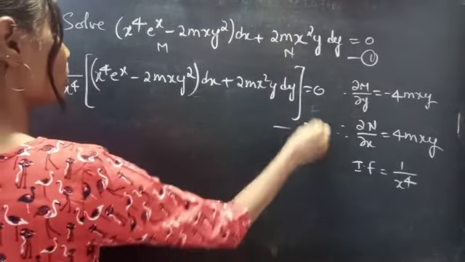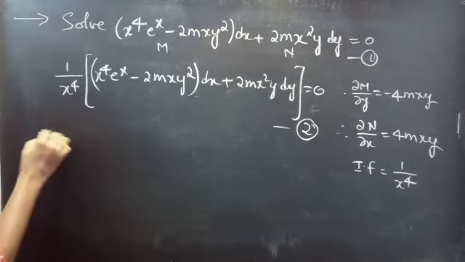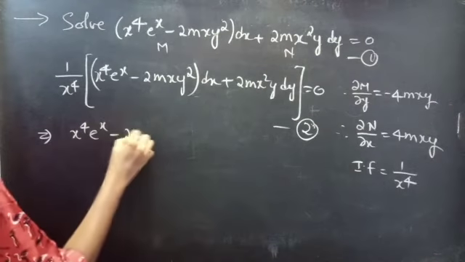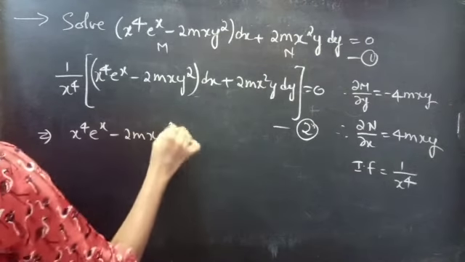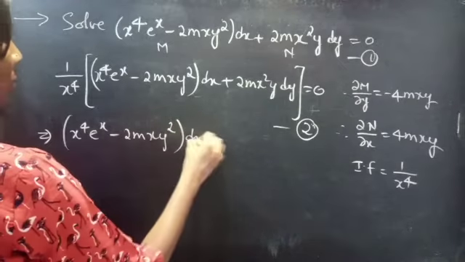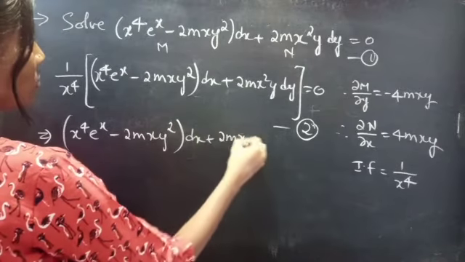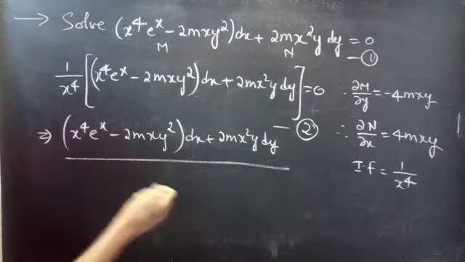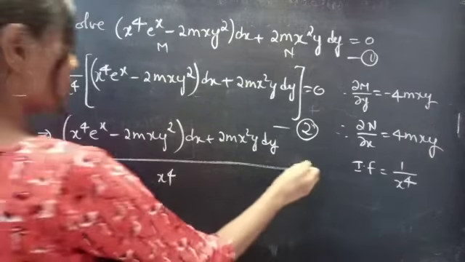Consider it as equation 2. You can write this as (x power 4 e power x minus 2mxy square) dx plus 2mx square y dy, all divided by x power 4, equals 0.